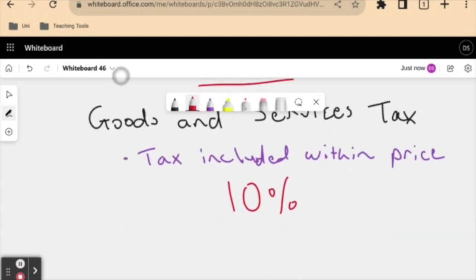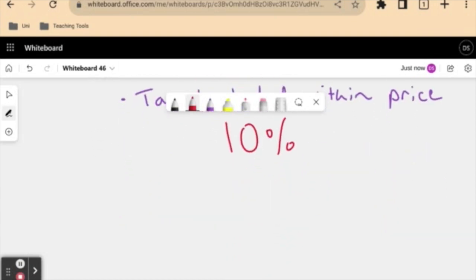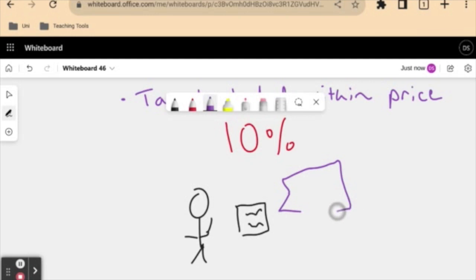So we can say that for any item we buy, say I went to a shop and I see a book on sale, and the price tag on this book, I'm not great at drawing price tags, but that price tag here says that the book costs $56.80.